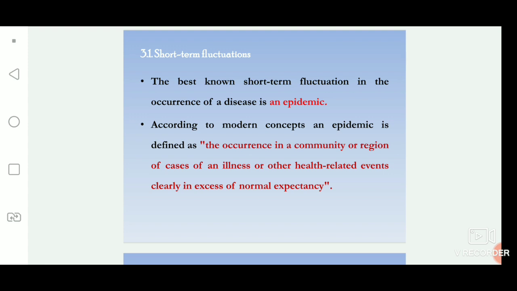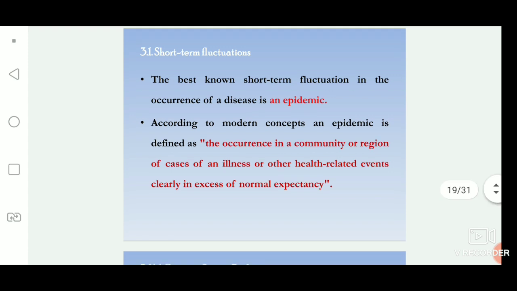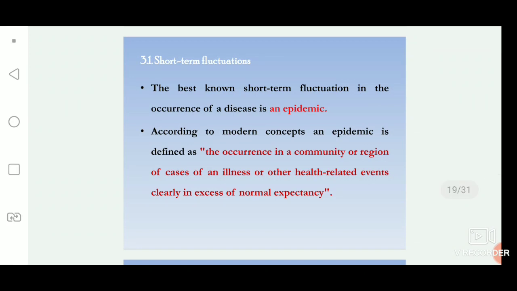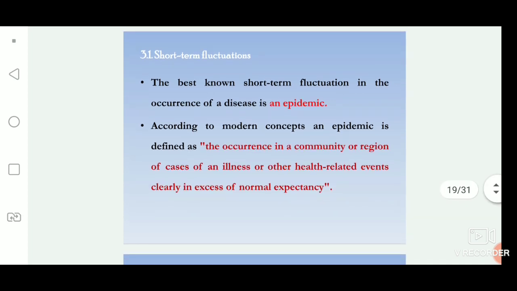Now what is the definition of this epidemic? The occurrence of any disease or any illness in a particular community beyond expectation or beyond normal expectation. See, suppose if you say there are some cold cases which are happening in few hundreds or thousands, which is not rare or which is not unexpected.